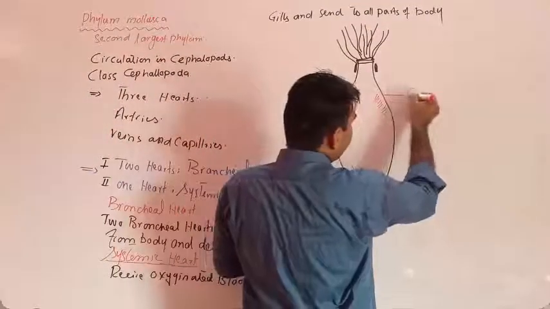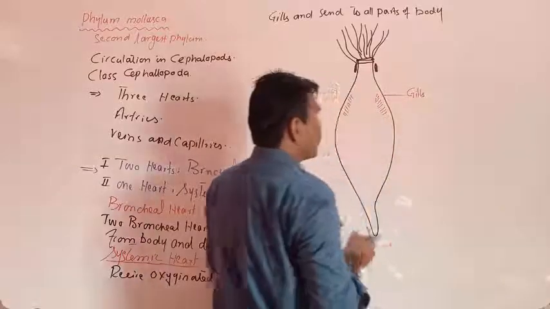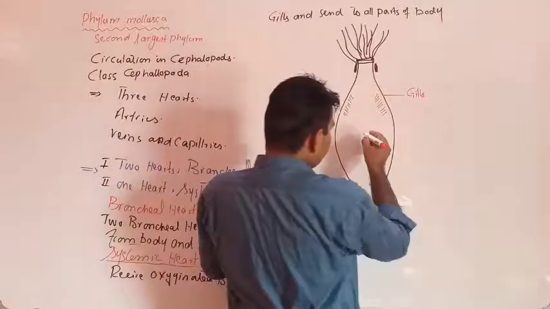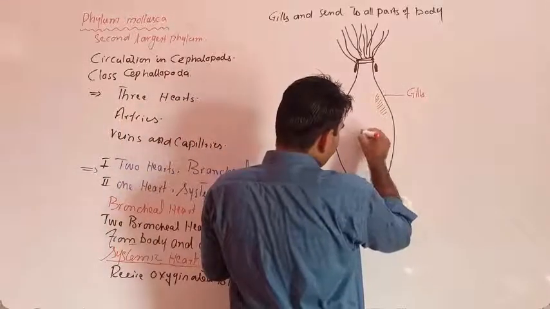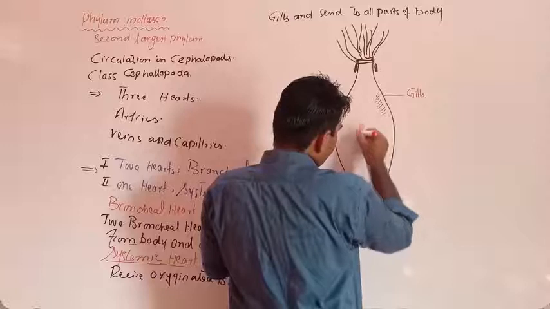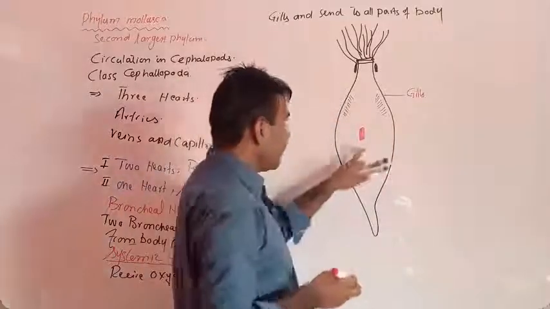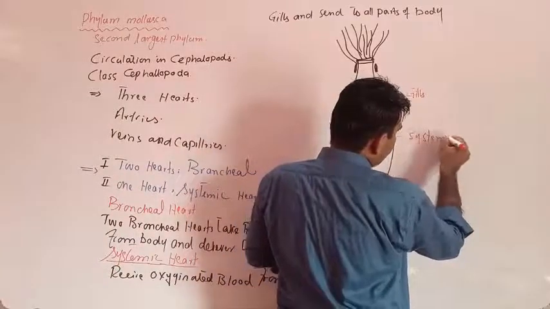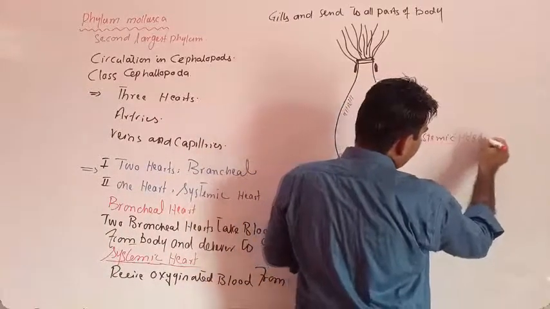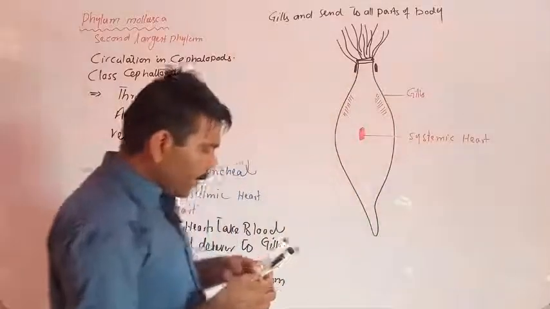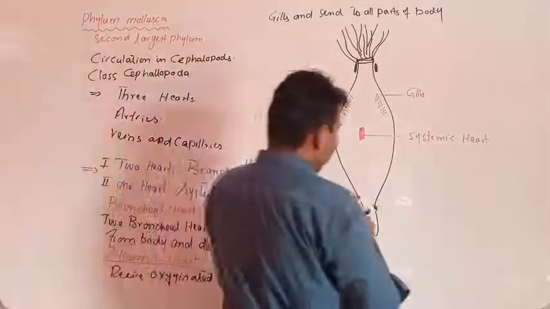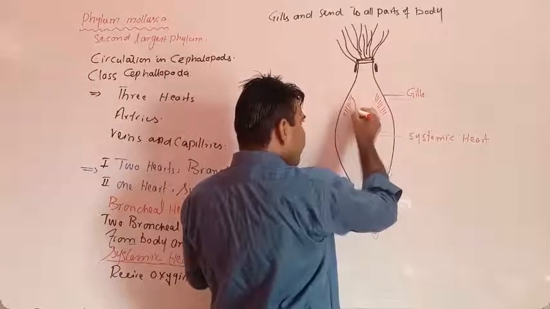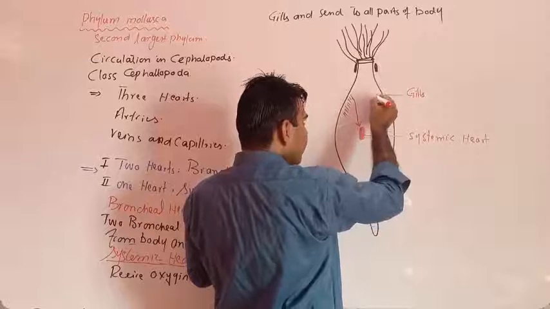So I can mention here these are the gills, and this is a point where a single heart is present, and this heart is known as the systemic heart. This systemic heart receives the oxygenated blood from both gills.